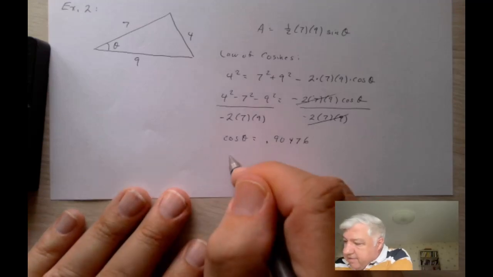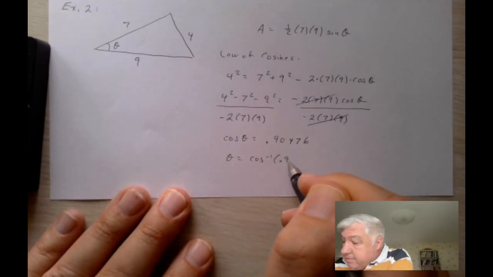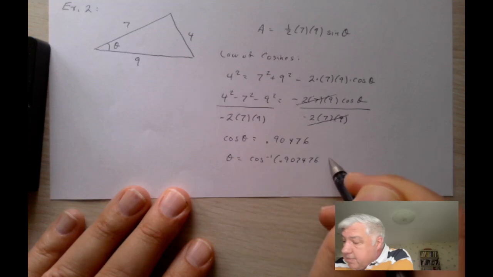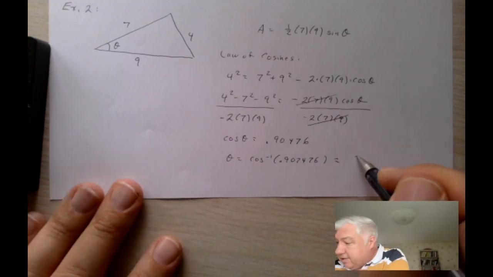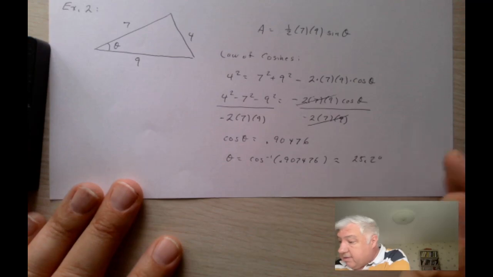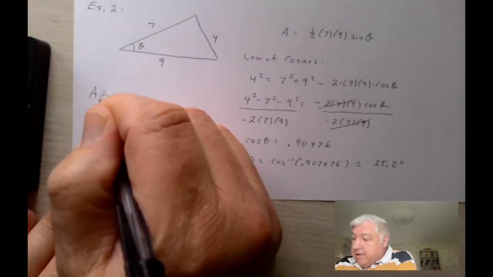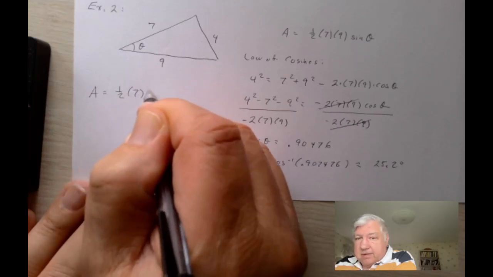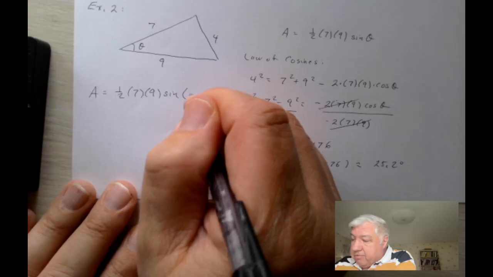So theta is going to be the inverse cosine of this, which is approximately 25.2 degrees. So the area then is going to be 1/2 times 7 times 9 times the sine of 25.2 degrees.